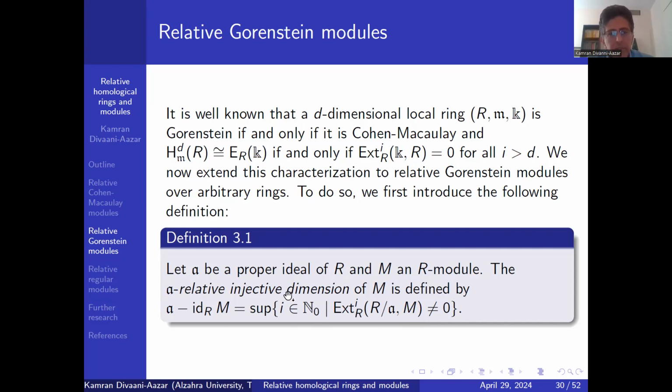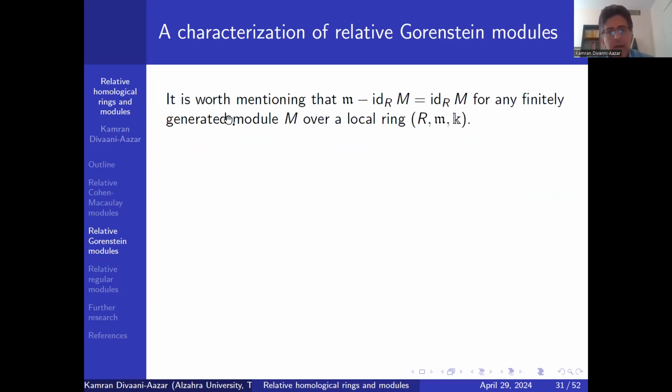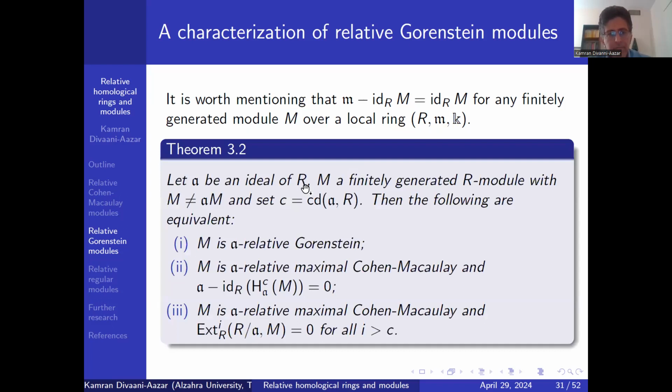What is the relation of this relative notion of injective dimension with the ordinary injective dimension? We have this: if R is local and M is a finitely generated R-module, then its ordinary injective dimension is its A-relative injective dimension. So we have this characterization for relative Gorenstein modules.